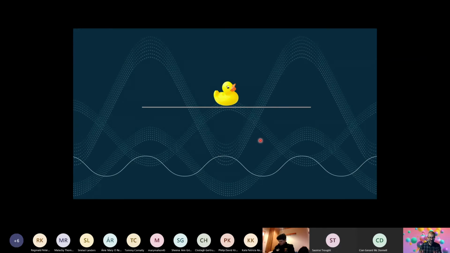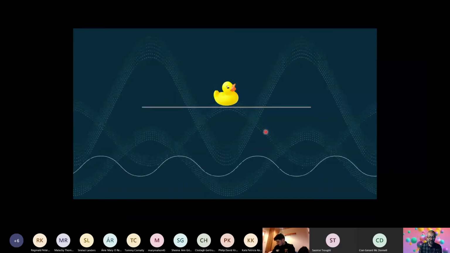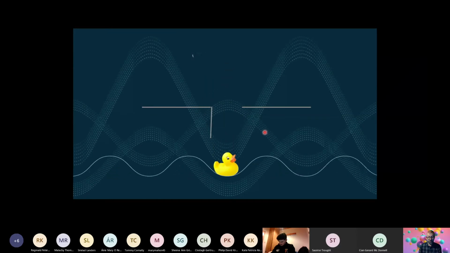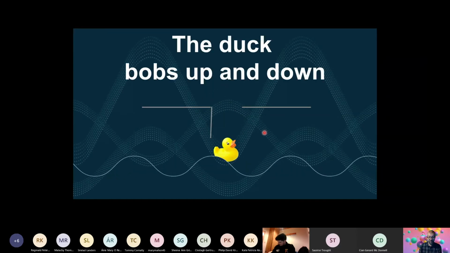But here, the duck is out in the middle of the ocean, and there aren't breaking waves. They could be big, but they're just the normal ocean waves. And in this thought experiment, there are no ocean currents either, just waves. So under those circumstances, if the duck drops into the ocean, the duck just bobs up and down.